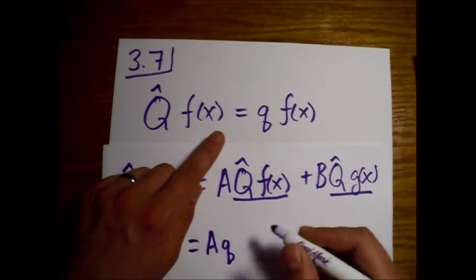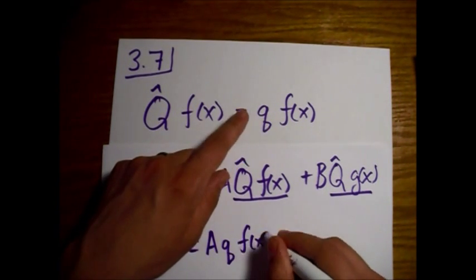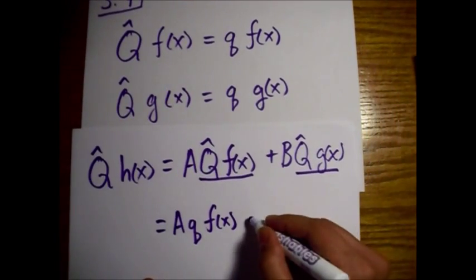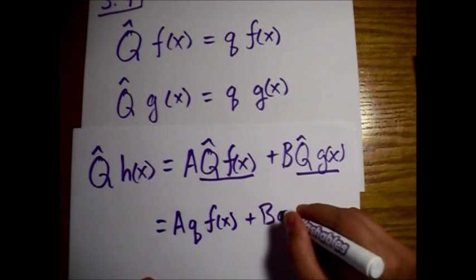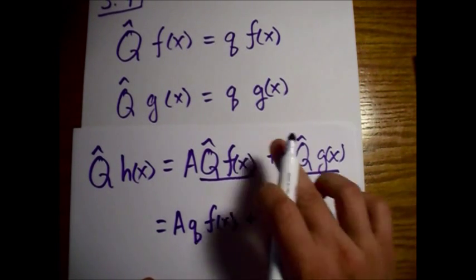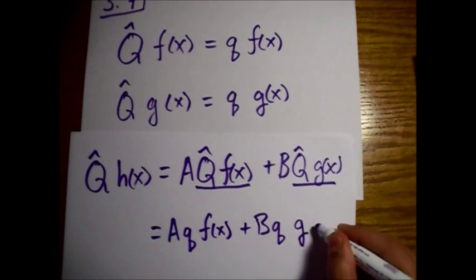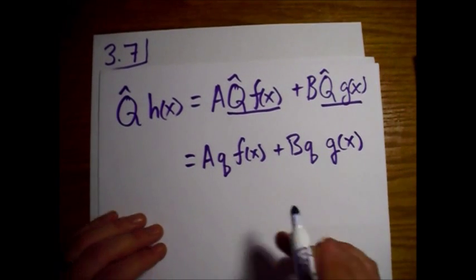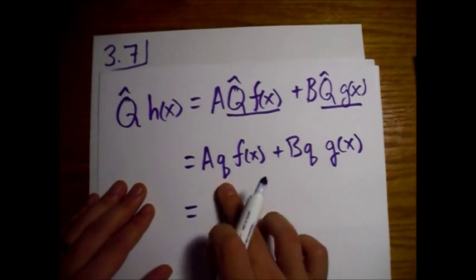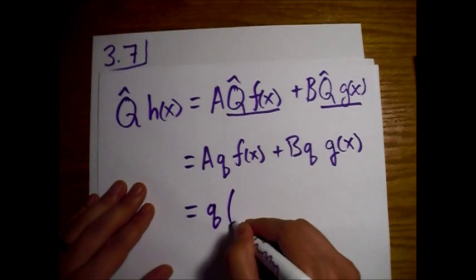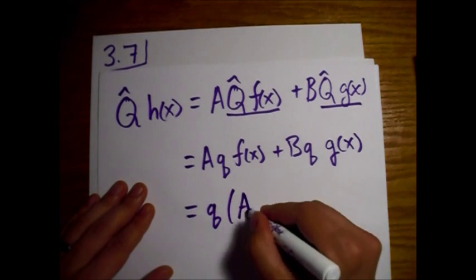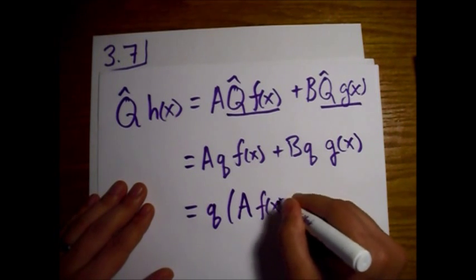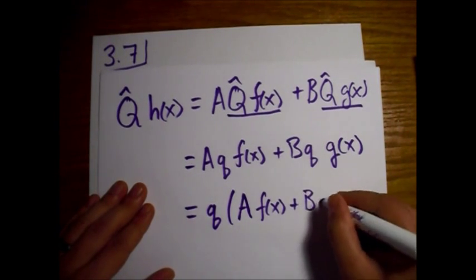It gives us little q multiplied by f of x right here, and a similar thing for this: b, and then we have our little q, the eigenvalue here, and then our function g of x. Now what we can do is pull this q out, and we are left with a multiplied by f of x plus b multiplied by g of x.